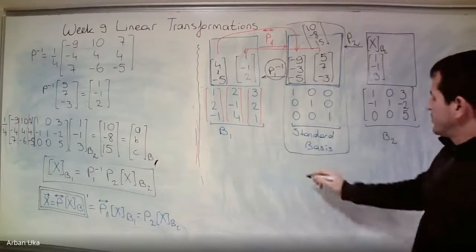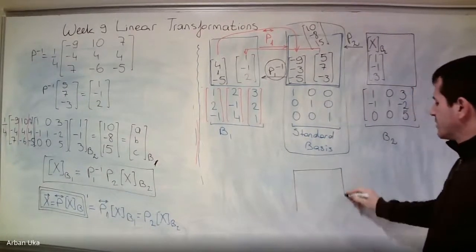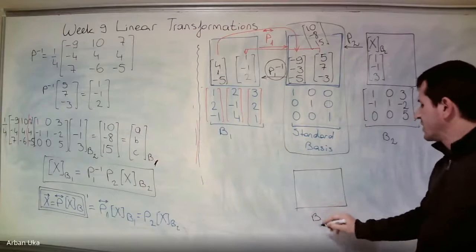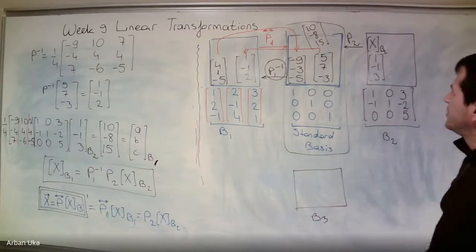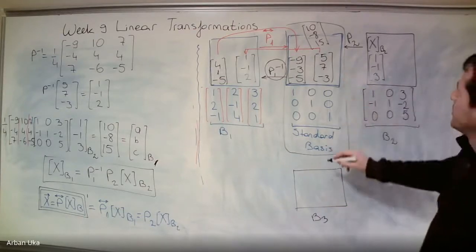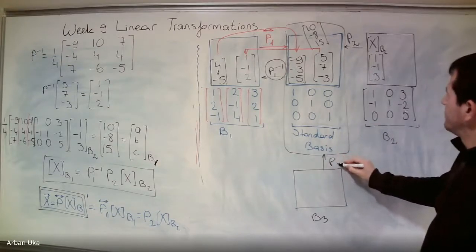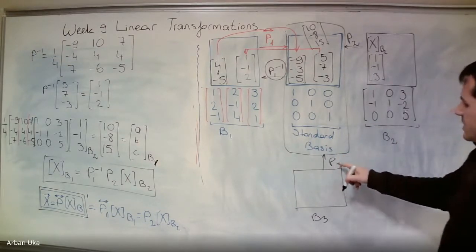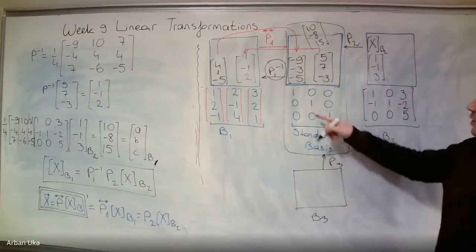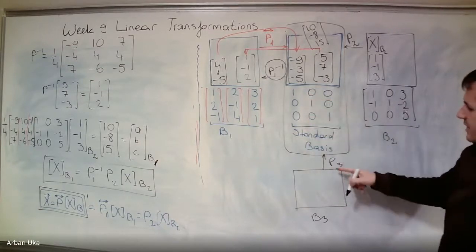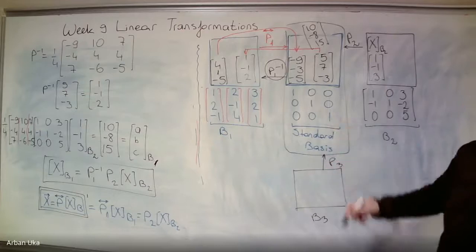And we can come up with a different basis, another domain, a basis B3. If we have a basis B3, how can we move to the standard basis? We always move with the matrix P3. The matrices which are composed of the basis vectors all send you to the standard basis.